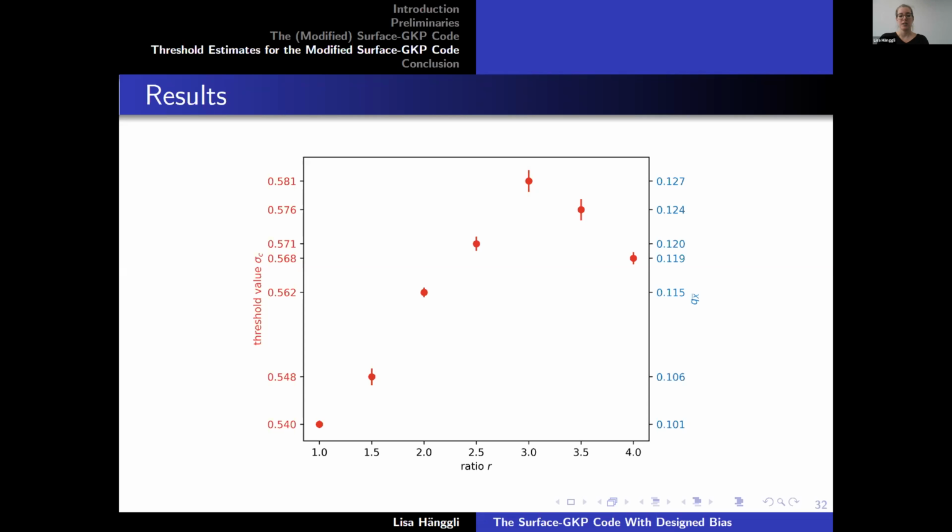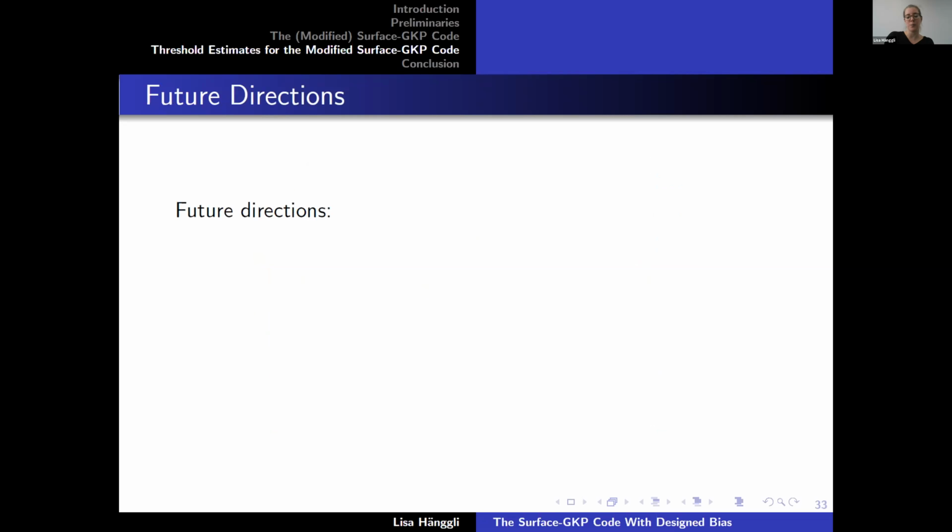Okay, so with that, I already get to possible future directions. So far, we did not explore all the possible choices of codes and decoding strategies in our simulations.